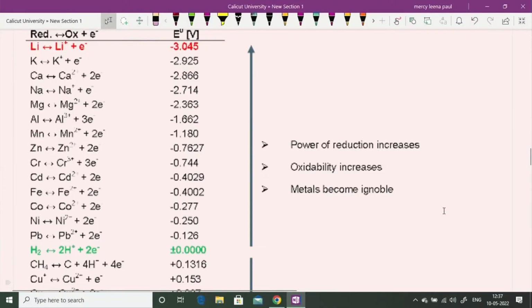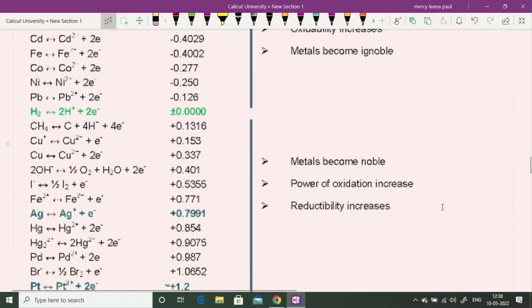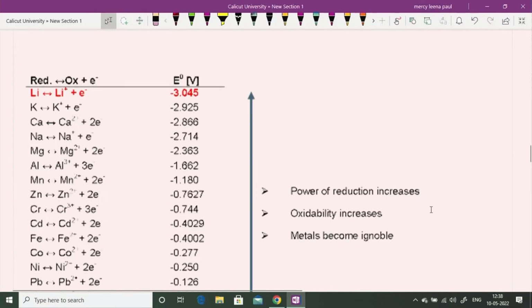See, here all of these are in reference to the standard hydrogen electrode. And you can see here, at the center you have the hydrogen electrode placed, whose potential is taken to be 0. Above hydrogen, you have lots of other electrodes whose standard electrode potentials have been determined.